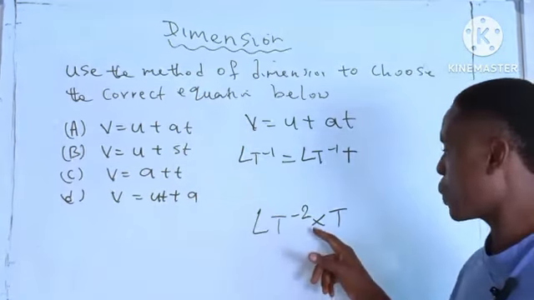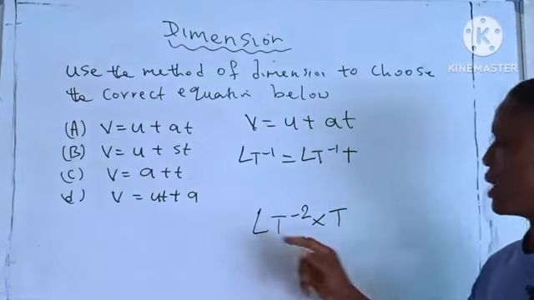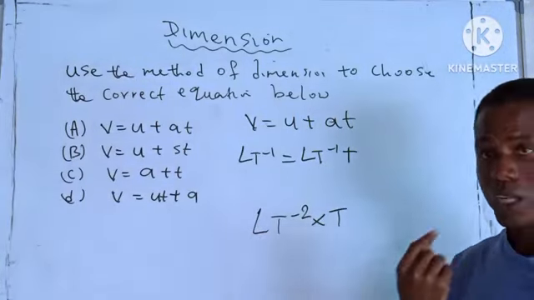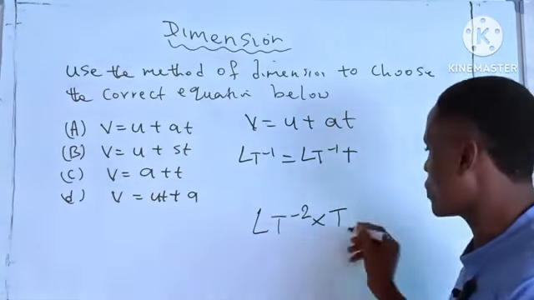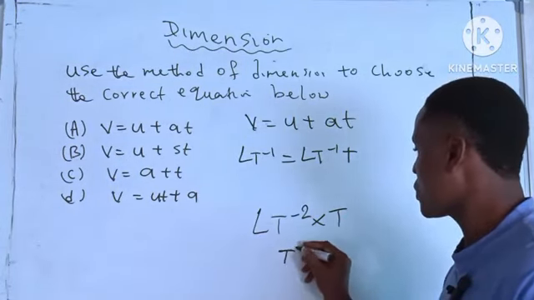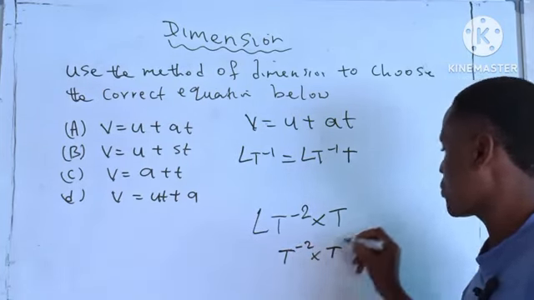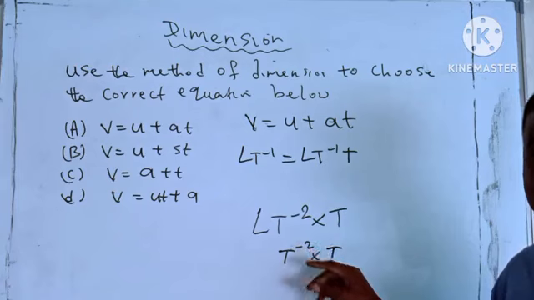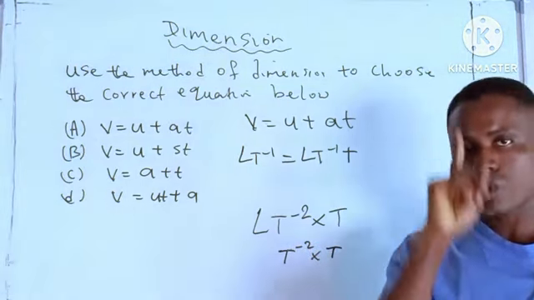Let's apply the law of indices in this place. We have only one L now, but we have two T here. Okay, let's solve for these two. We have T raised to -2 times T. So we come up with a single T.